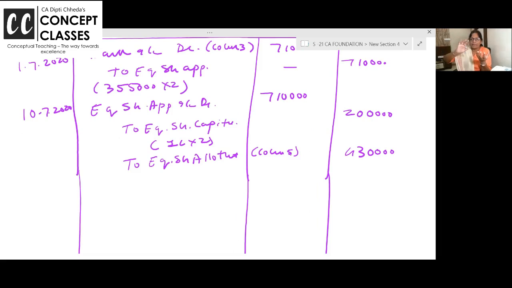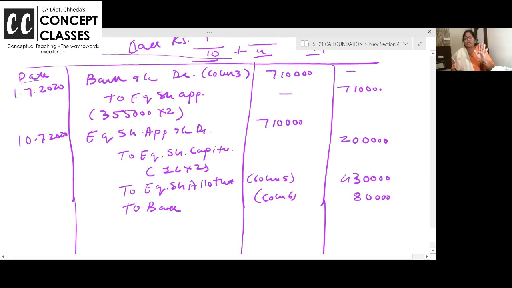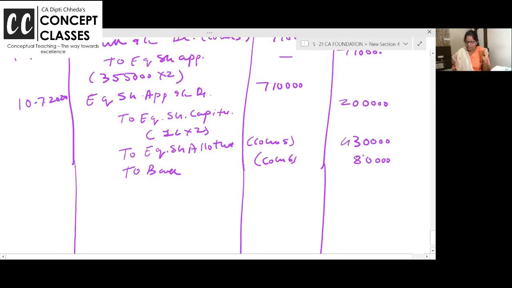Chalo, you go to capital, you go to allotment, you go to refund. In that same, can I write to bank account column six? Bank account, how much refund? 80,000. See, it is tallying. 3,55,000 shares into 710, I have received but only 1 lakh shares I have allotted. Remaining also adjust in the allotment. Equity share allotment. And now to bank.